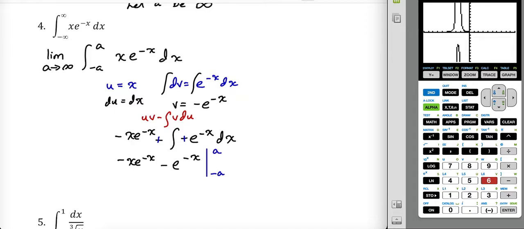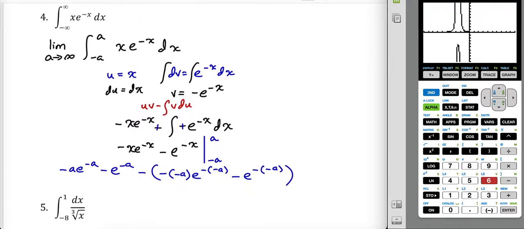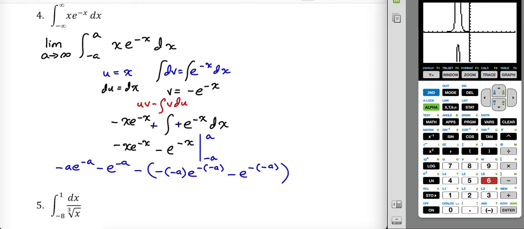Everywhere I have an x, replace it with an a. Everywhere I have an x, replace it with a negative a. So negative a e to the negative a minus e to the negative a, minus negative a e to the a minus e to the a. We've got a lot of double negatives here, so let's keep this in order.